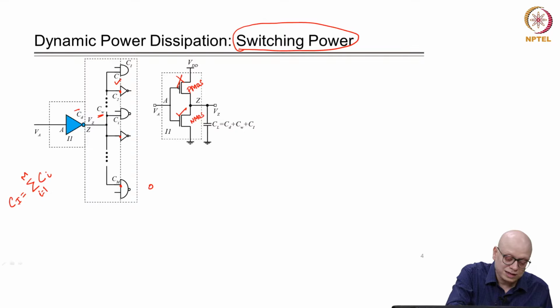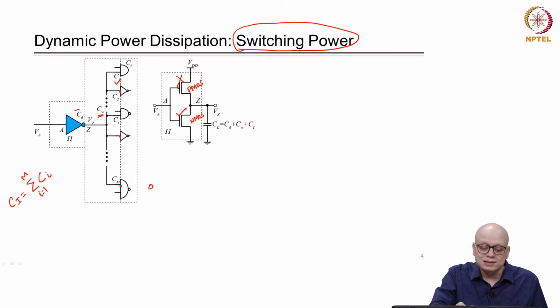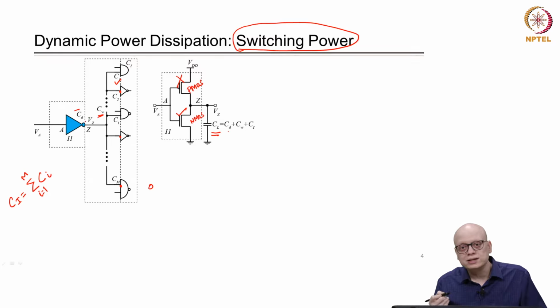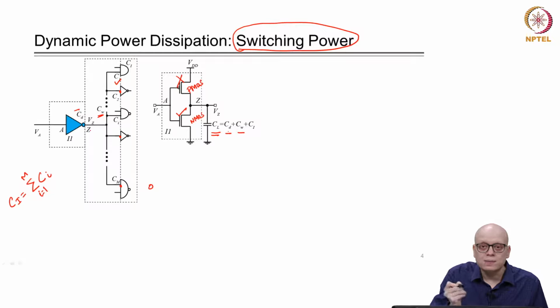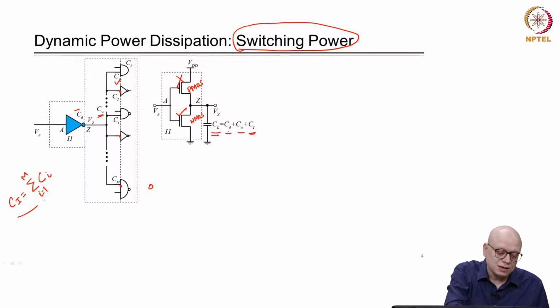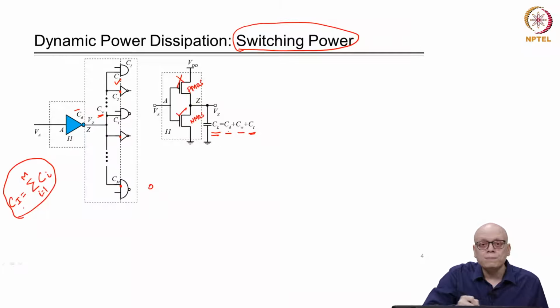Then we can say that CL is equal to Cd, that is the internal drain diffusion capacitance associated with the output node Z, plus Cw, that is the wire or interconnect capacitance, and Ci, that is the combined effect of all the pin loads.